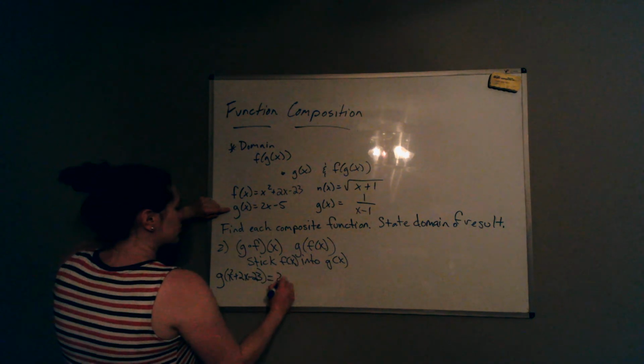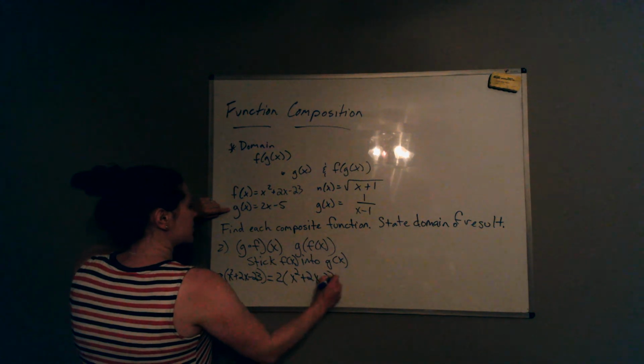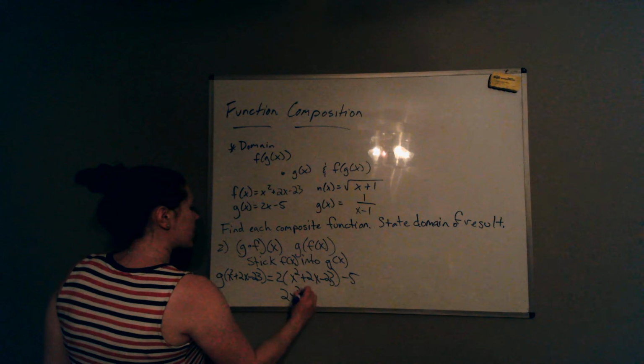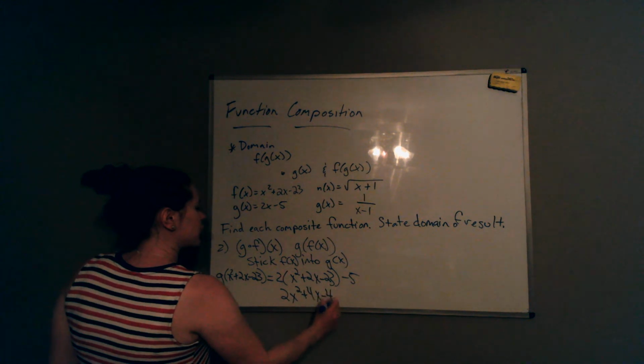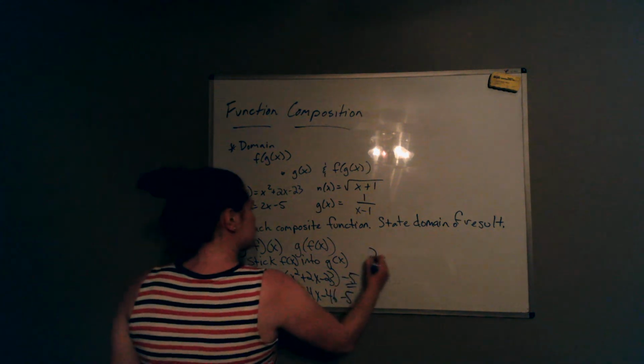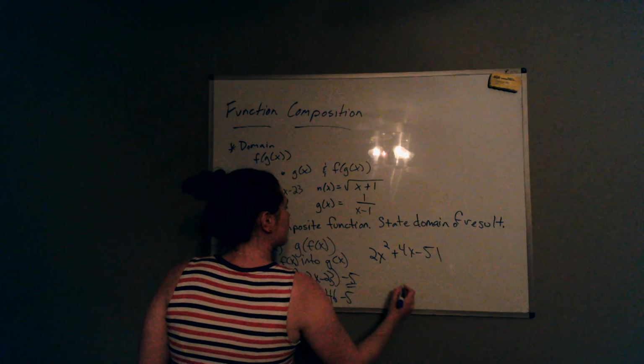So that's going to be 2 times x squared plus 2x minus 23 minus 5. That's 2x squared plus 4x minus 46, okay? And then don't forget this minus 5. So it's going to be 2x squared plus 4x minus 51.